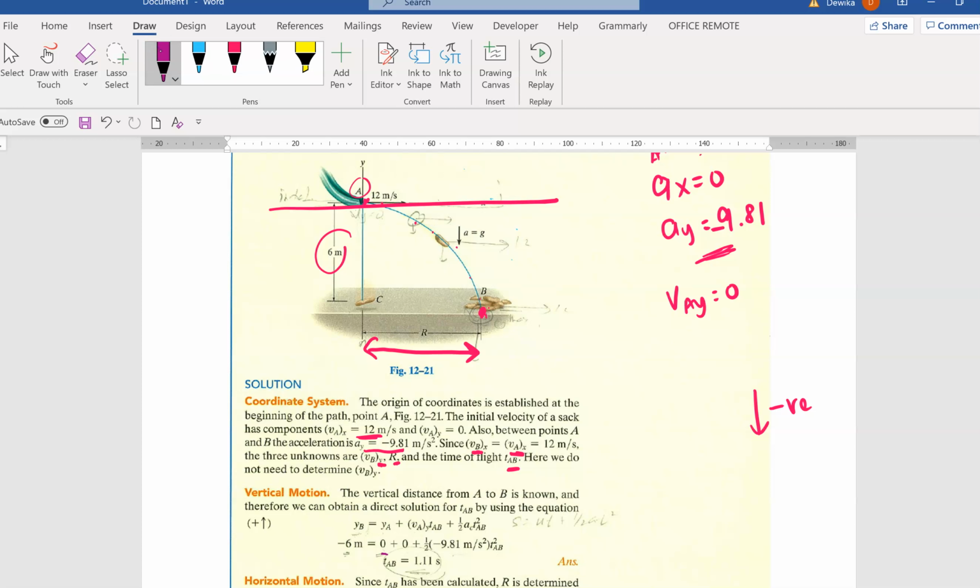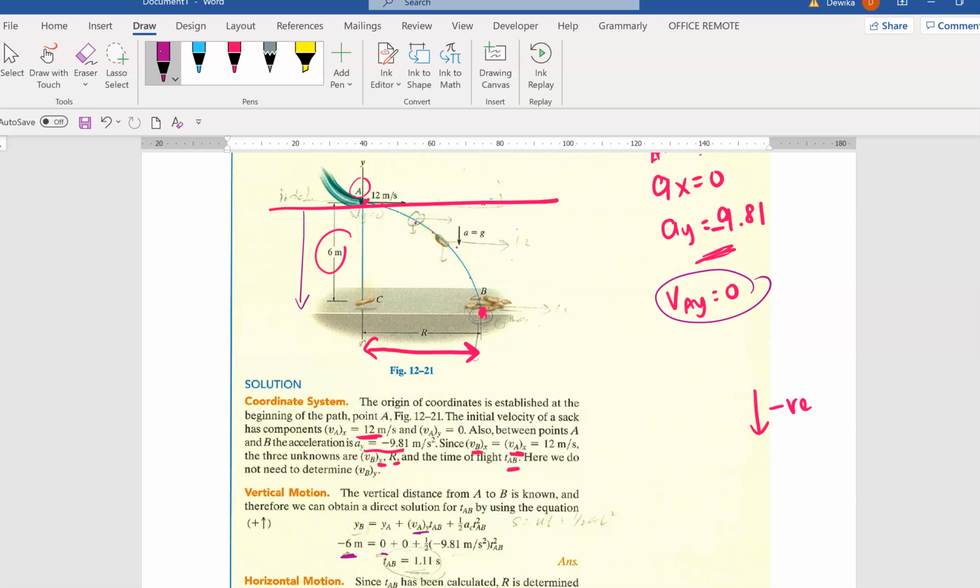Okay, and because it is 6 meters down, what we have here is negative 6 meters plus VAY. What is VAY? It's 0.